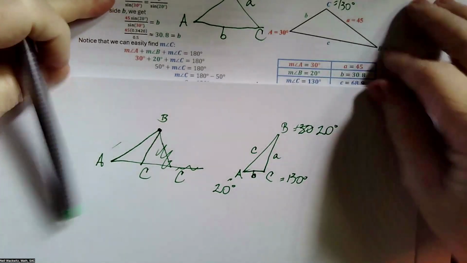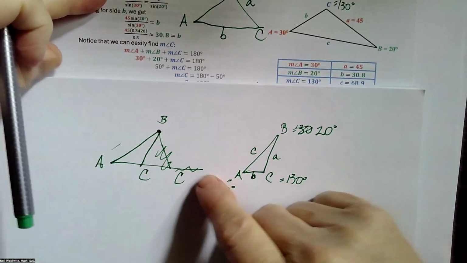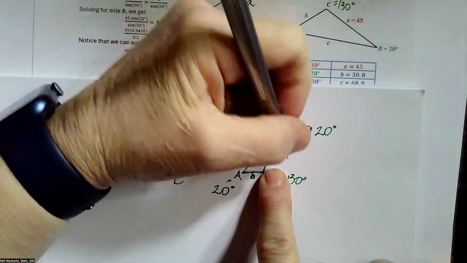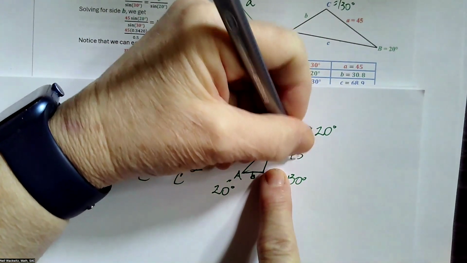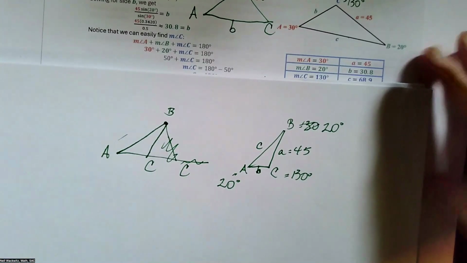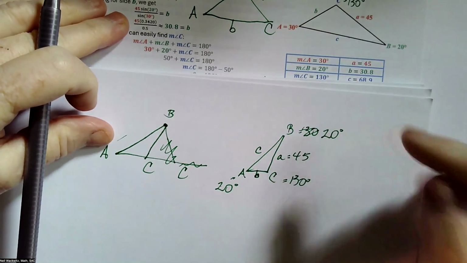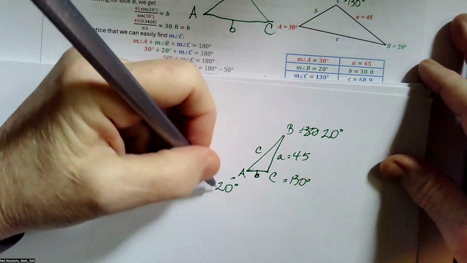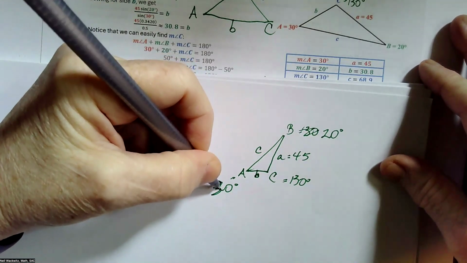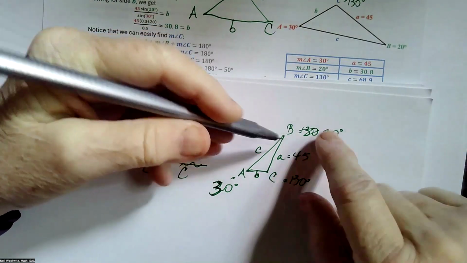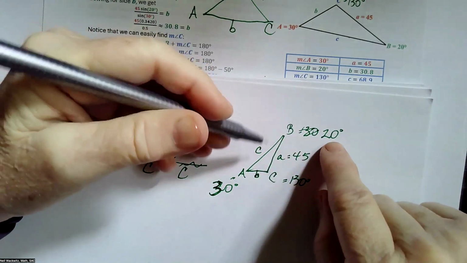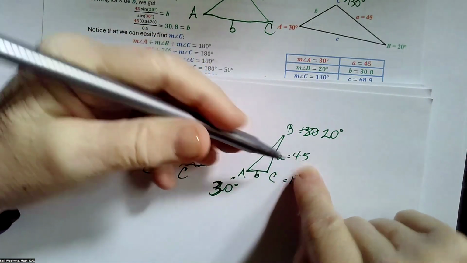And we were also given the length of side a. So I can see, even from my kind of weak sketch, that the length of side b is going to be less than 45.